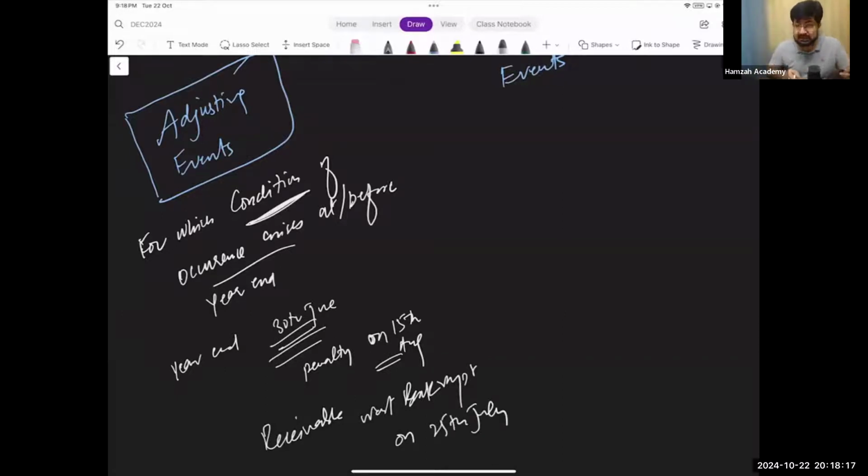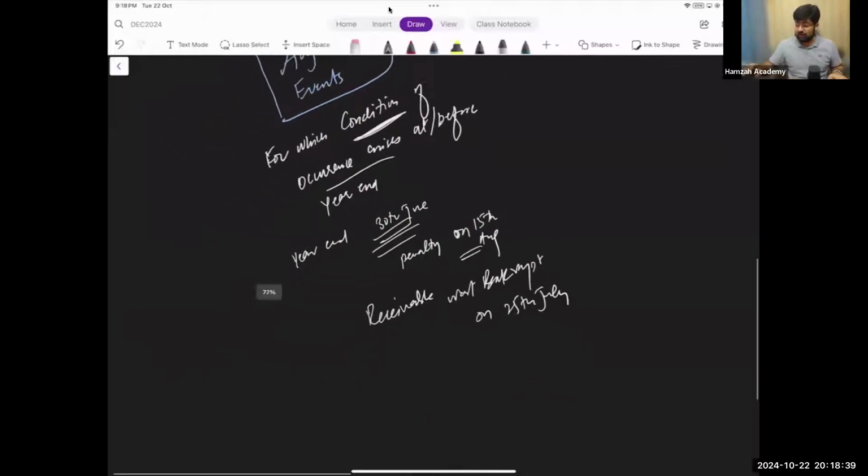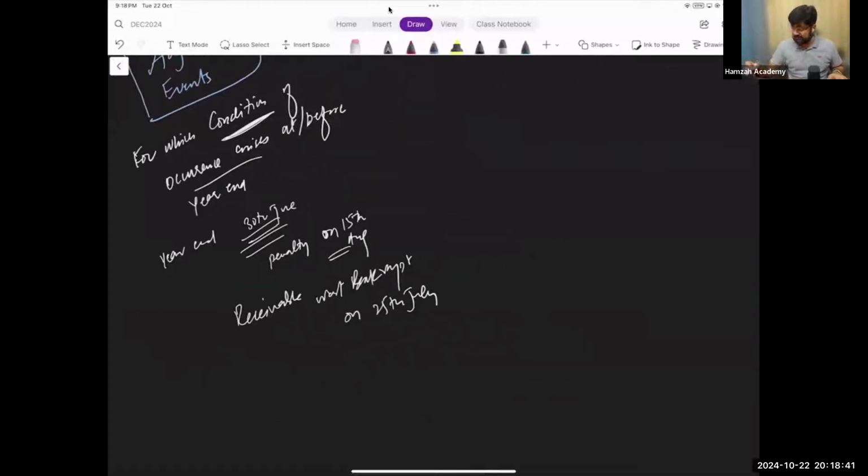Bankruptcy is a formal process, so it means it was announced on 25th July. It means the customer was facing some problems with cash flow at year end. So it is an adjusting event. The condition of occurrence exists at year end.